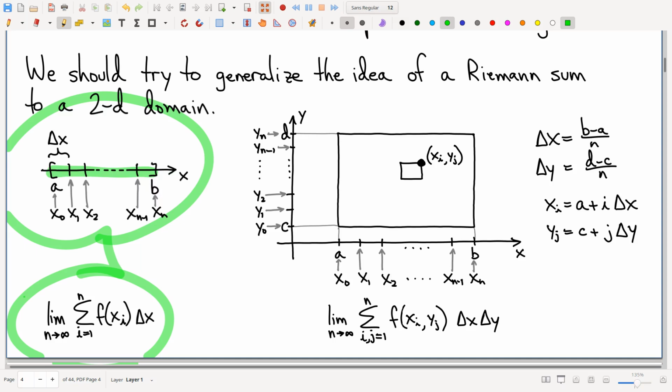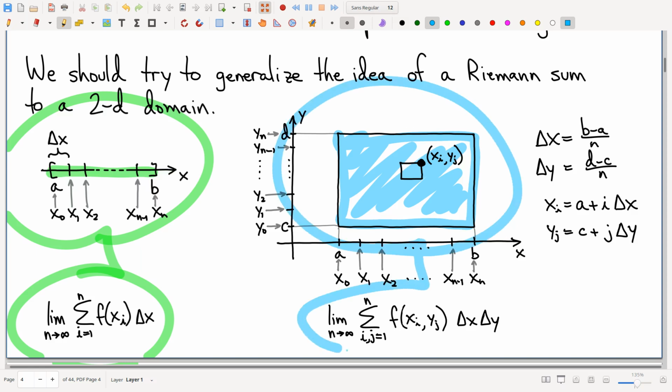Well, maybe instead of a one-dimensional interval, maybe we now have a two-dimensional rectangle. And we're going to talk about now how to take this two-dimensional rectangle, how to chop it up into a bunch of little pieces, argue that the question at hand, whatever it might be, is easy on each piece, and then add up over all of those pieces.